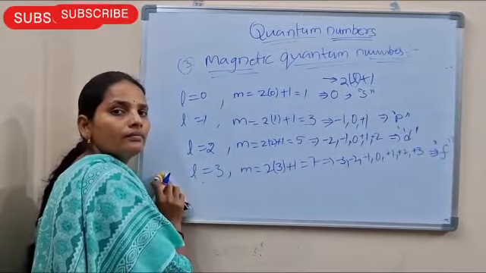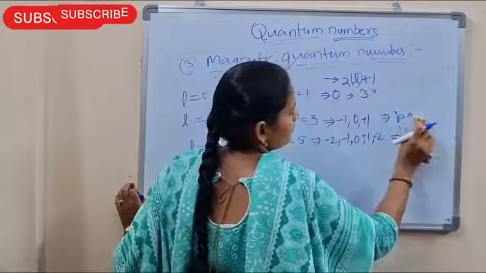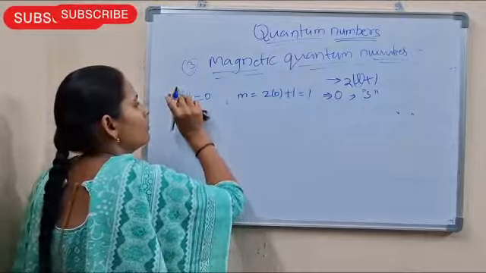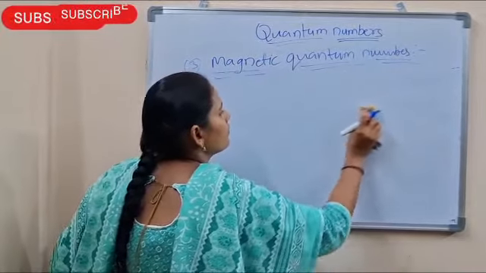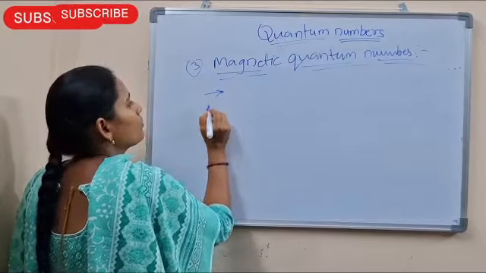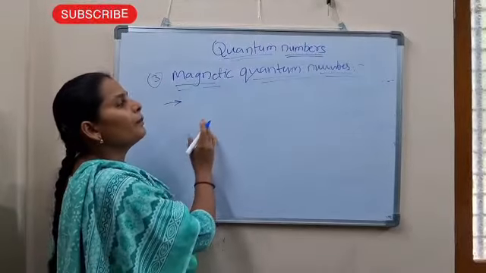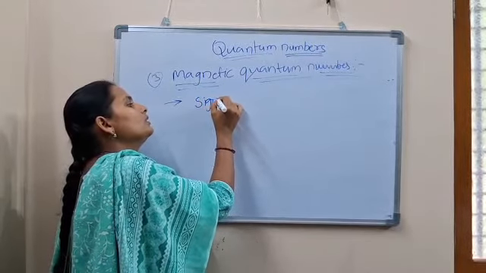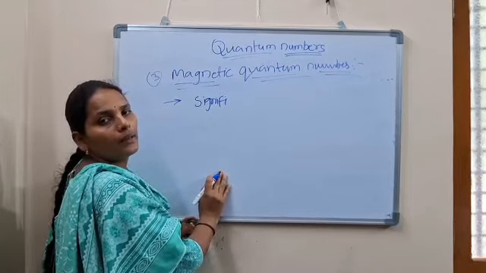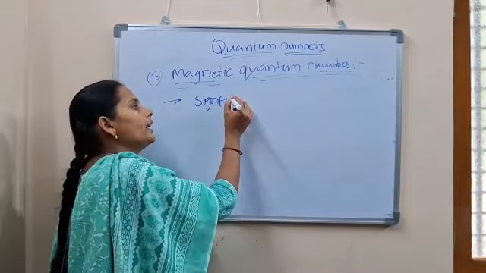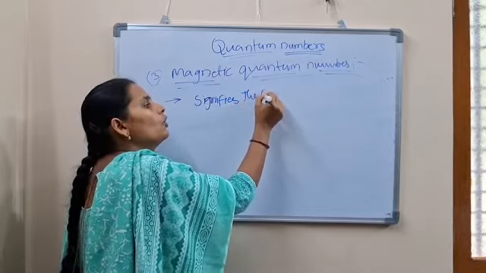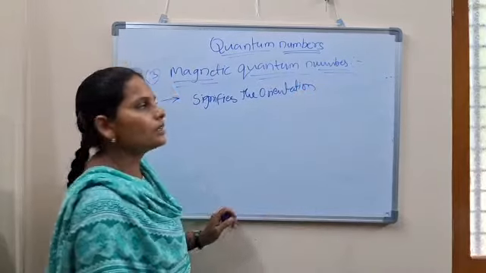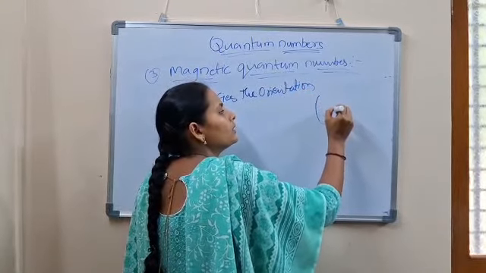Please make a note. Here, the magnetic quantum number signifies the orientation of the orbitals. Orientation means in which axis it is.